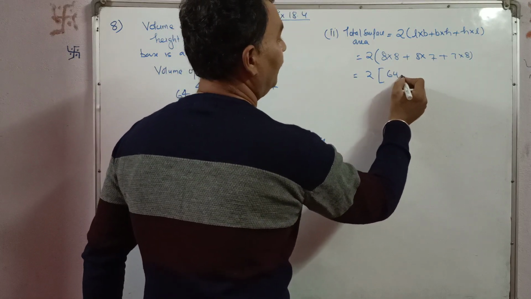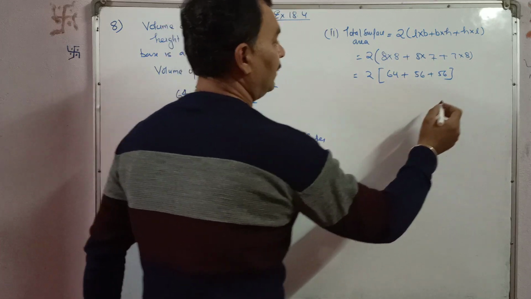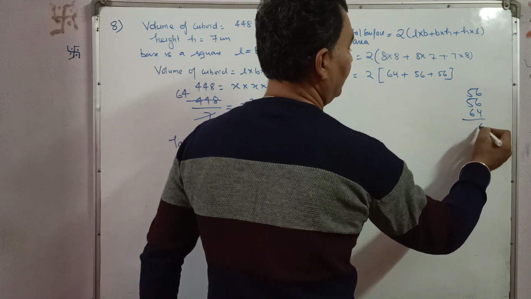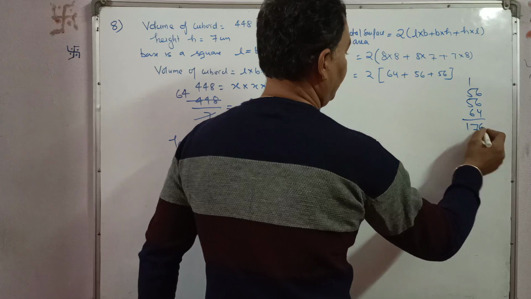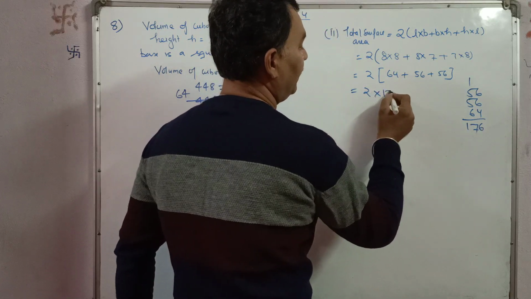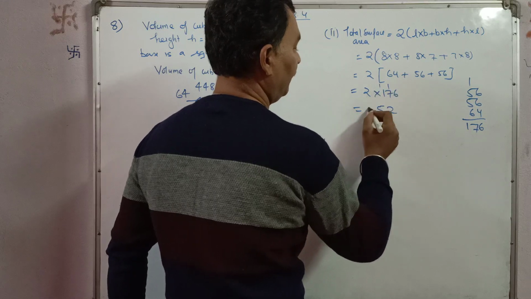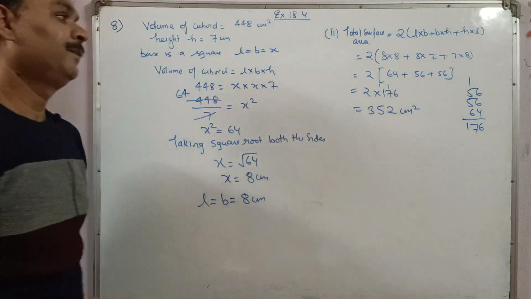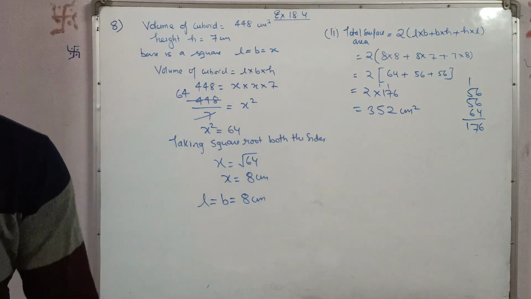Okay, this is 64, 56, 56. So 56 plus 56 plus 64 is 176. So 2 into 176 is 352 centimeter square. Surface area is 352 centimeter square.